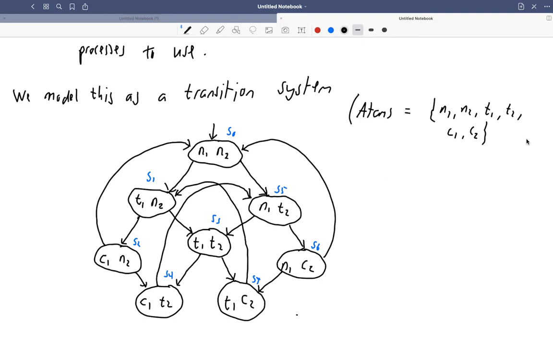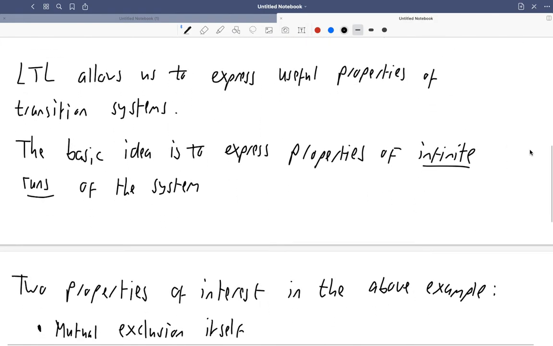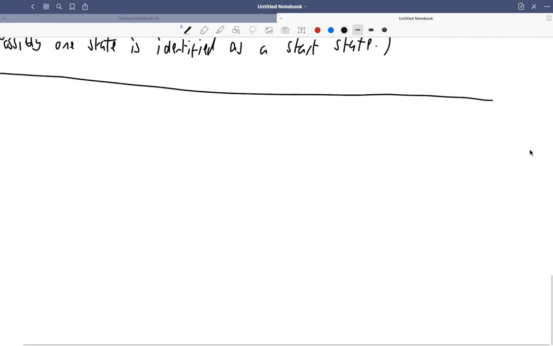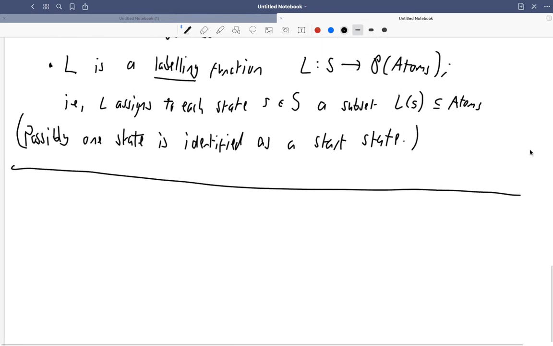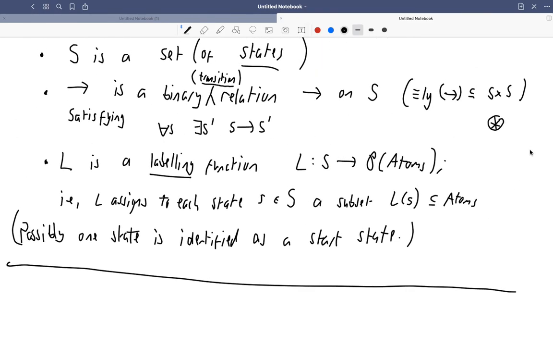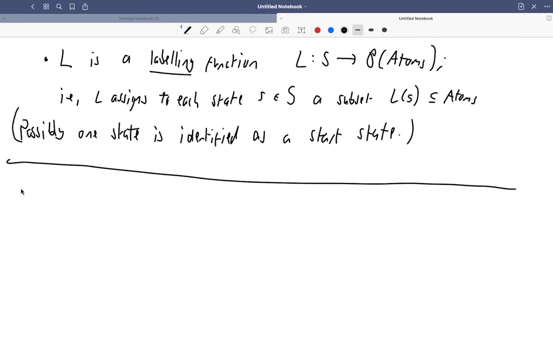I should just close these round brackets. Okay. So the only thing maybe to comment on is property star. It says that we can't get stuck in a state.